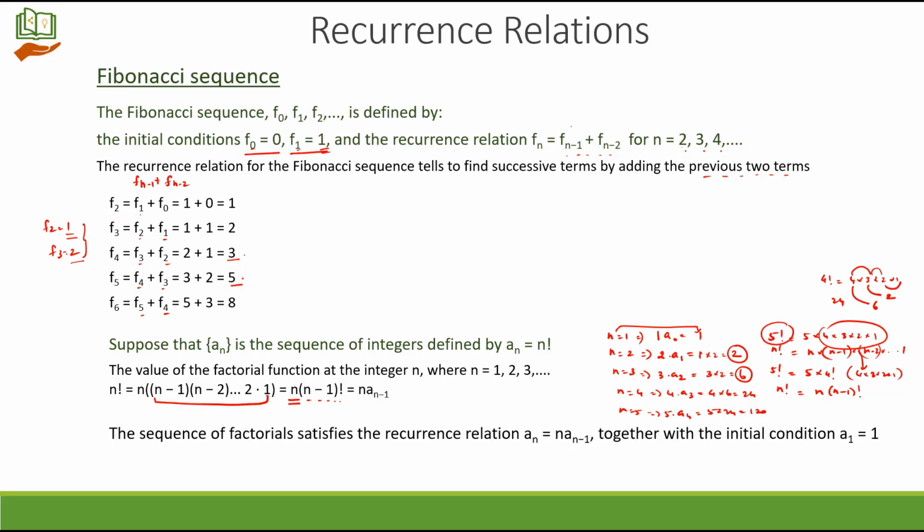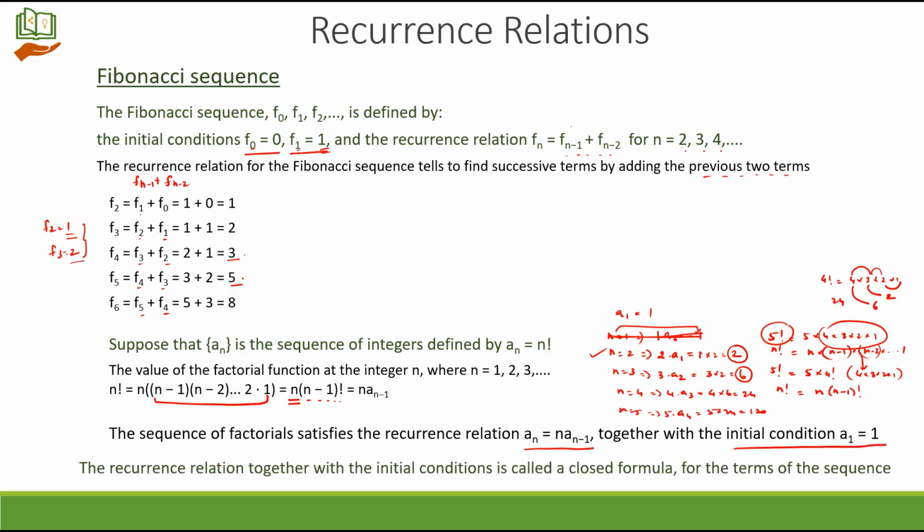The sequence of the factorials satisfies the recurrence relation an is equal to n into an minus 1, together with the initial condition a1 is equal to 1. They have given the initial condition as a1 is equal to 1. So from n is equal to 2, you have to calculate this particular part. The recurrence relation together with the initial condition.